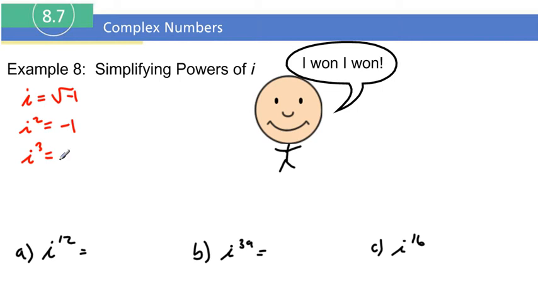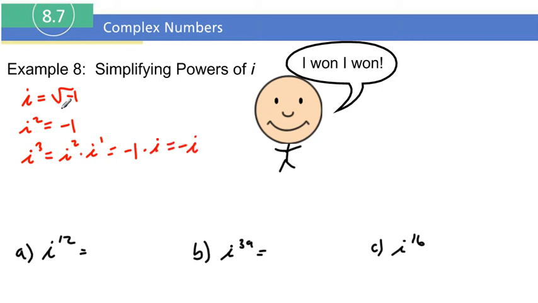Can't we write that as i squared times i to the power of 1? Because when we multiply a common base, we just add the exponents, 2 plus 1 is 3. So look at this, i squared is -1, so this right here is -1, and then we have times i. So really, it's just -i.